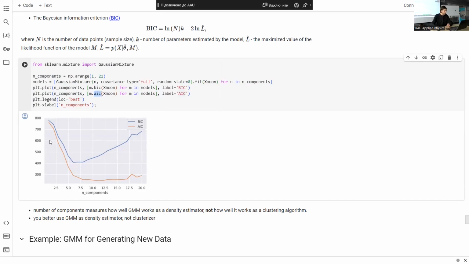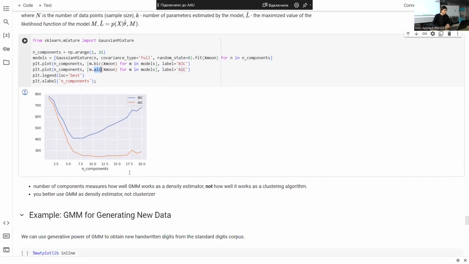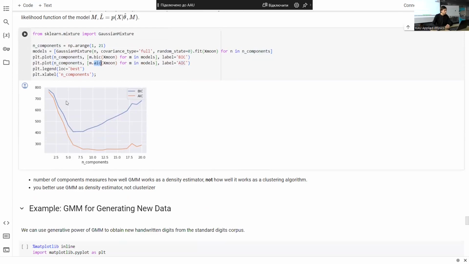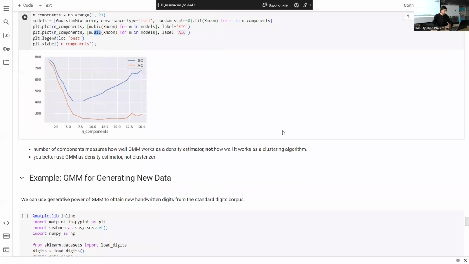And here are my 2 plots. Looking at these 2 plots, BIC and AIC, I can search for their minimum, and finding that minimum will give me some information on how many components I need to take to make my GMM work more or less nicely.